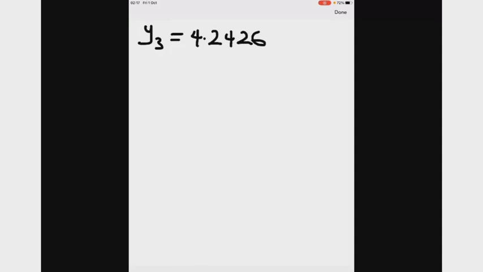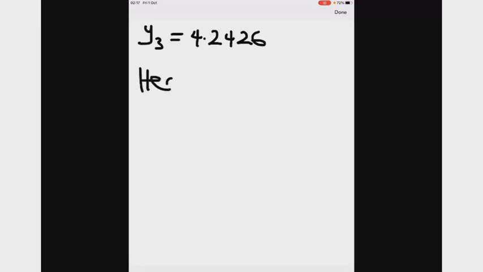As you can see, the value of my y2 and y3 is the same. This means my solution converges at y3. So no matter how I keep on iterating, I will keep getting the same value. So I will stop my iteration here.